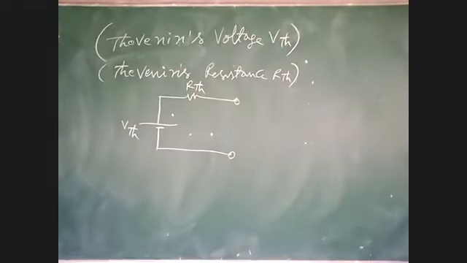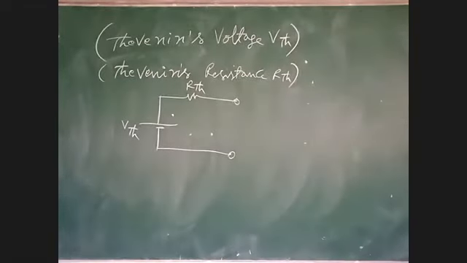Any linear bilateral network can be converted into a single equivalent voltage source VTH in series with an equivalent resistance, Thevenin resistance RTH. Both are in series, VTH and RTH. So in the problem, any network can be converted into two quantities: one is VTH and the other is RTH. We'll do one example so that you can understand the meaning of this theorem.